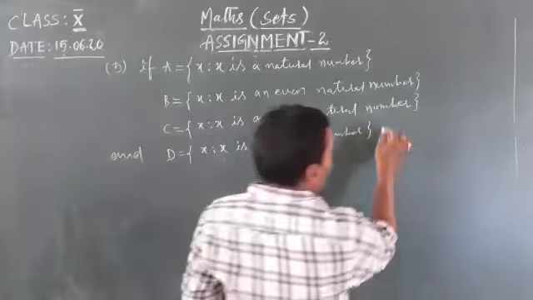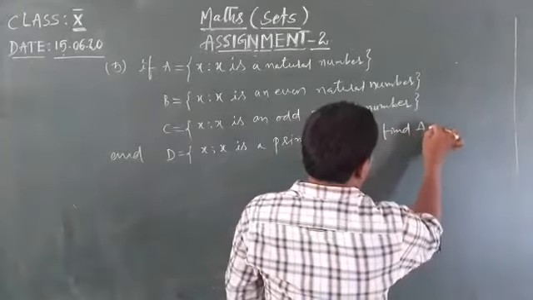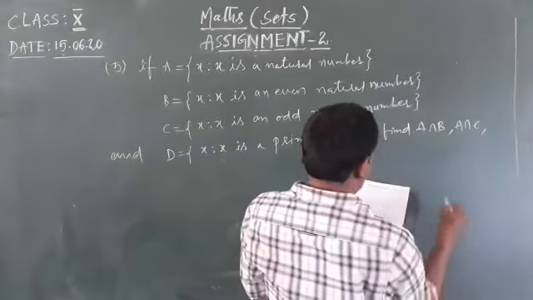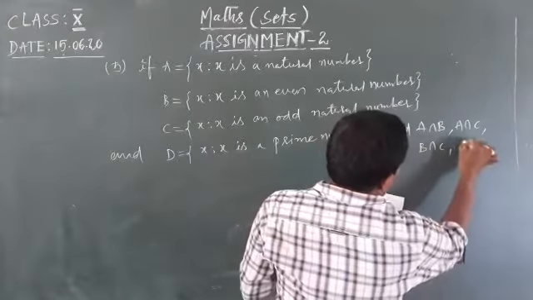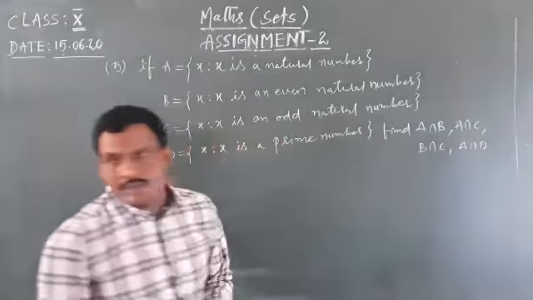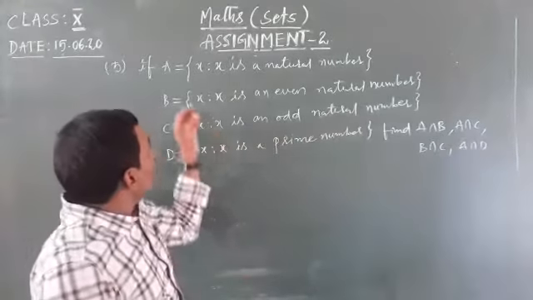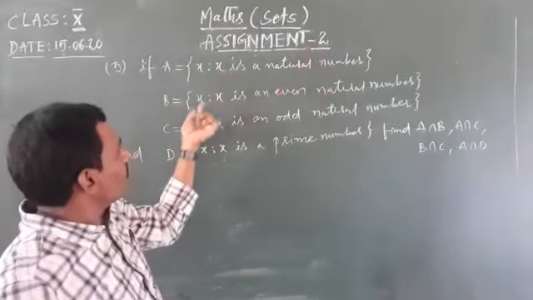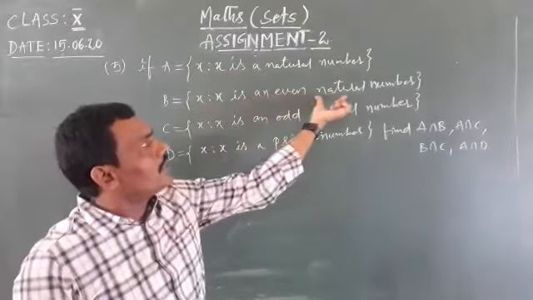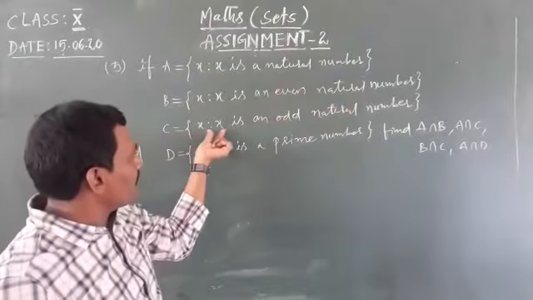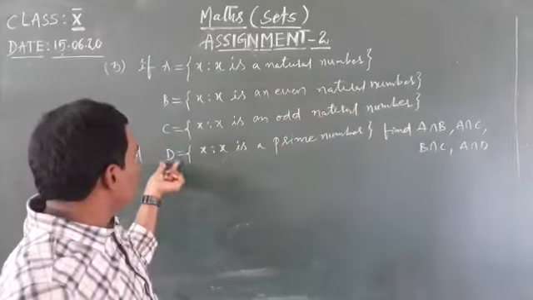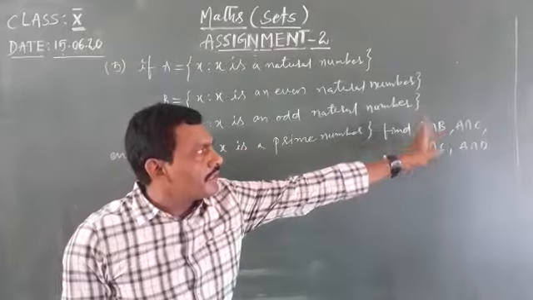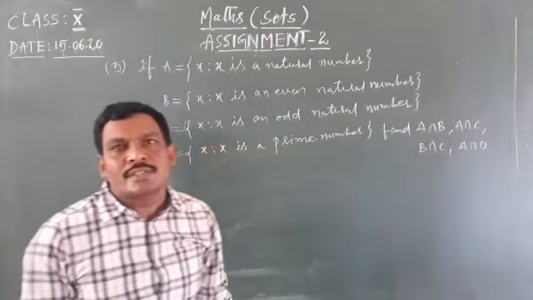Find A intersection B, A intersection C, B intersection C, A intersection D.